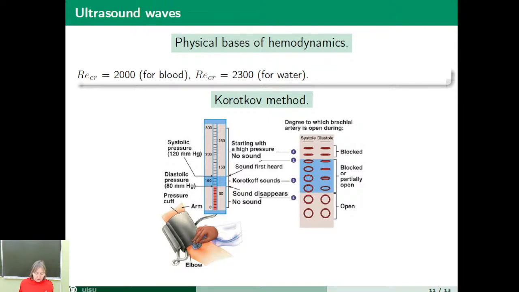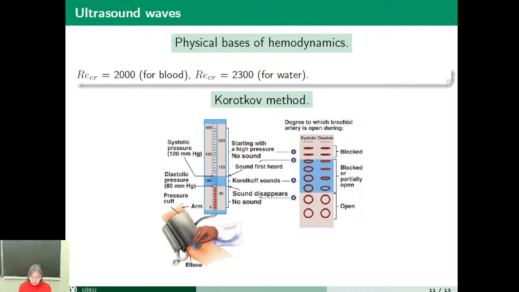Where the Reynolds number is smaller than critical, the flow is laminar. When the Reynolds number is large, the flow is turbulent. The change of blood viscosity value may be diagnosed owing to turbulent noise. It may be explained by the fact that in anemia the viscosity coefficient decreases by a factor of 2 or 3 and even more.